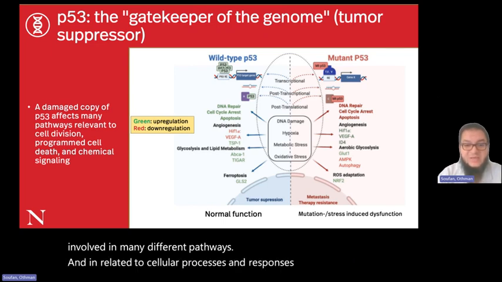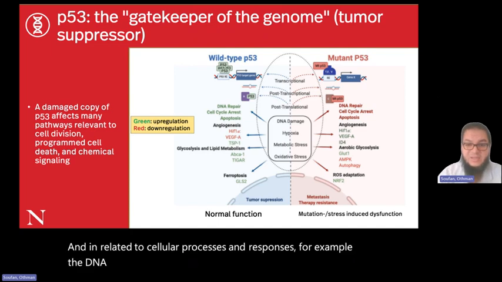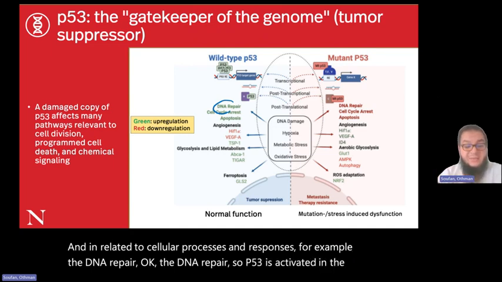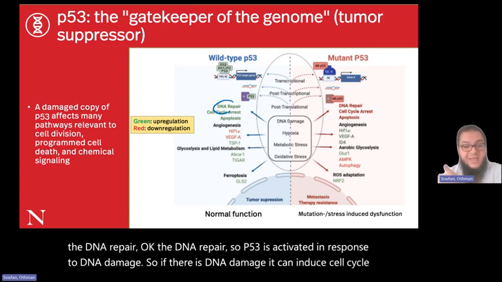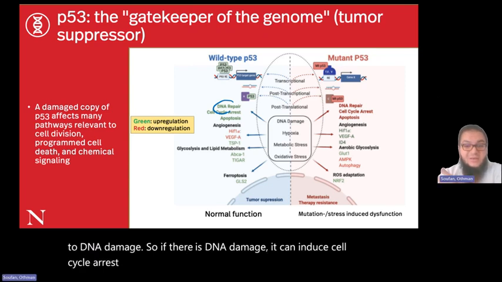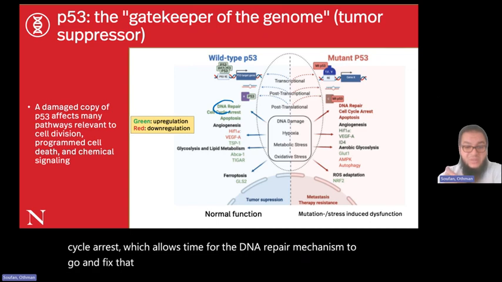For example, DNA repair. p53 is activated in response to DNA damage. If there is DNA damage, it can induce cell cycle arrest, which allows time for the DNA repair mechanism to fix that damage.